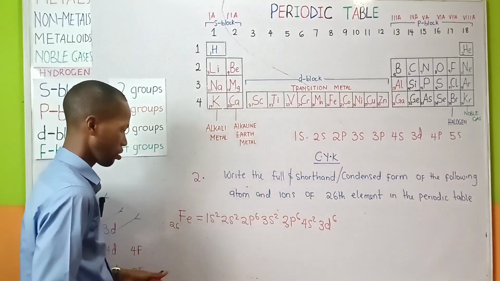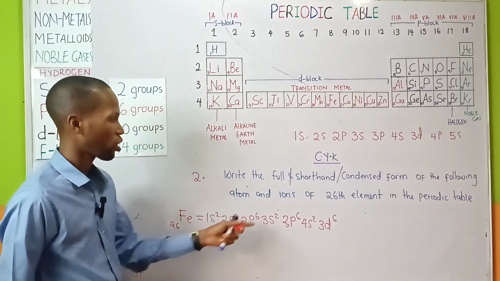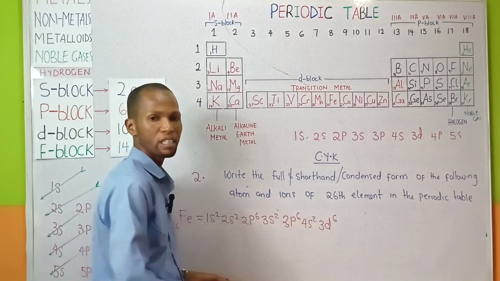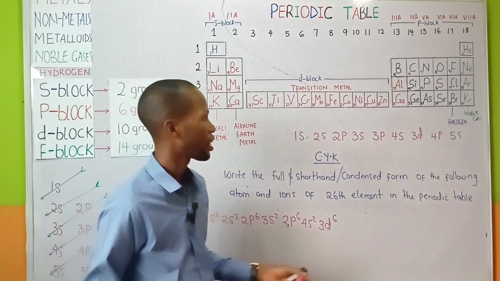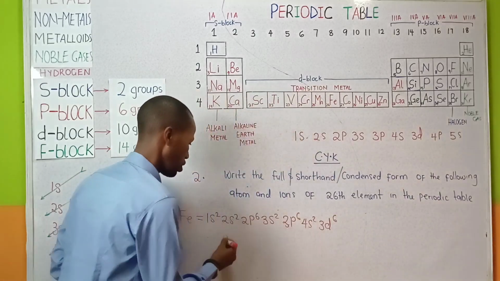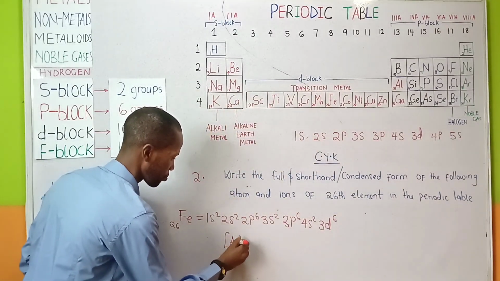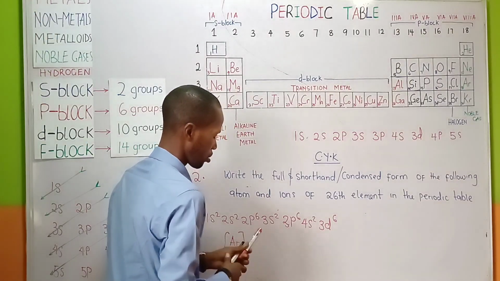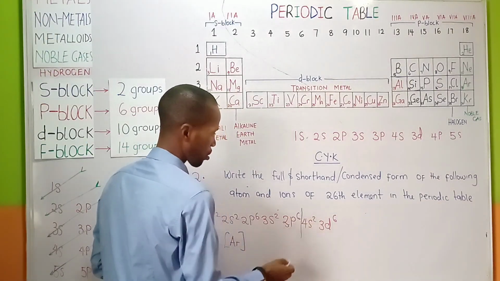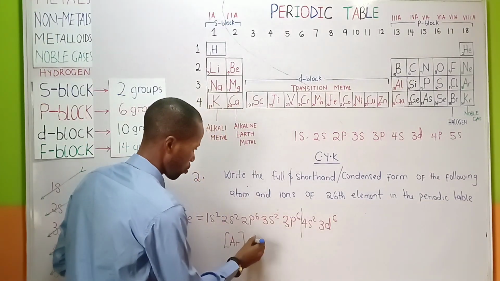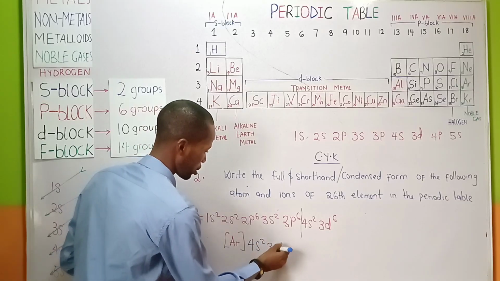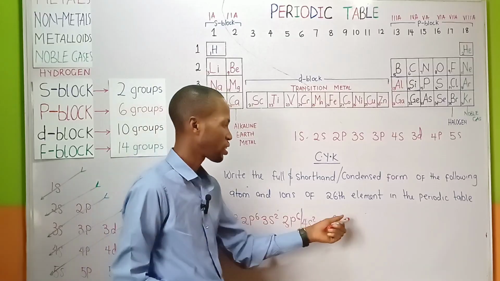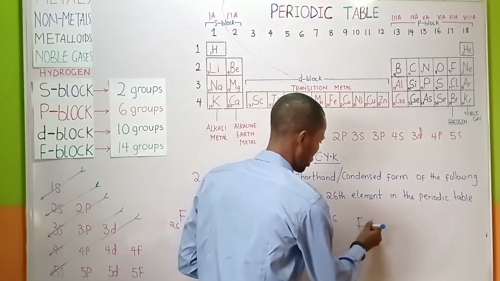If we are to express the shorthand form of this, what is the noble gas that is contained in this electronic configuration? That is what? Argon. So I have argon, which ends right here. Argon, so we are left with 4s2, 3d6.